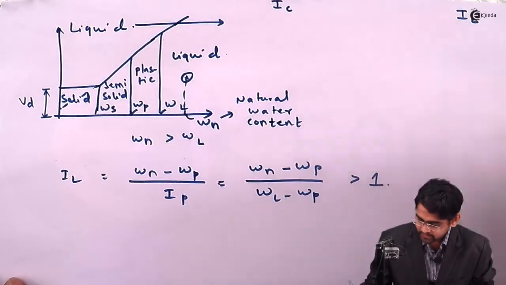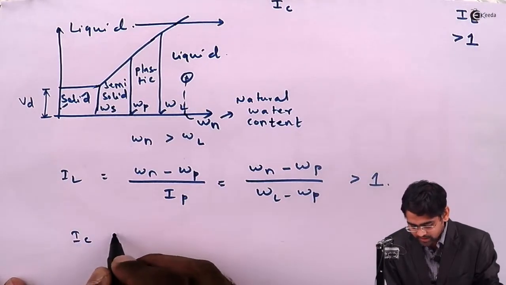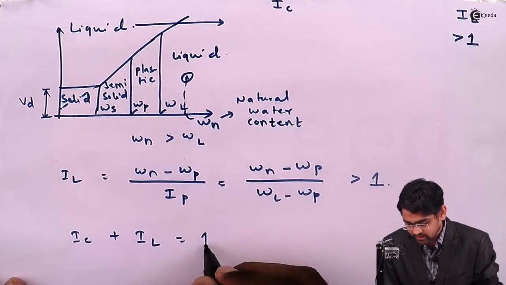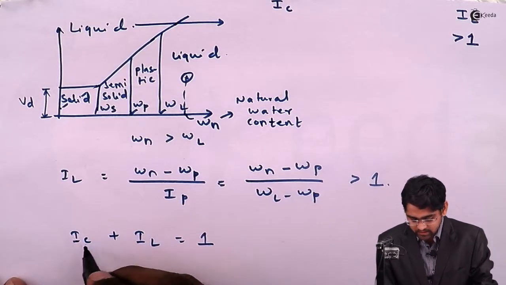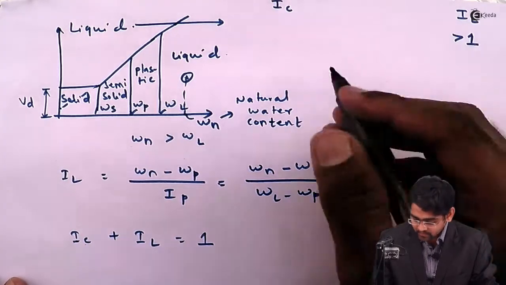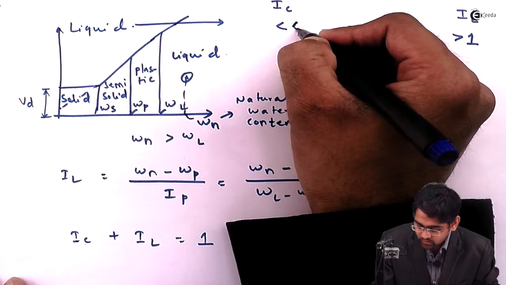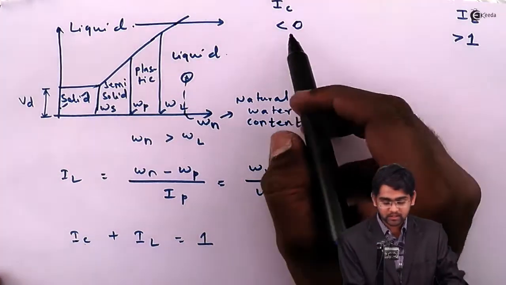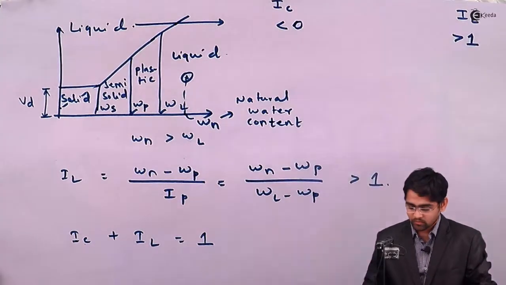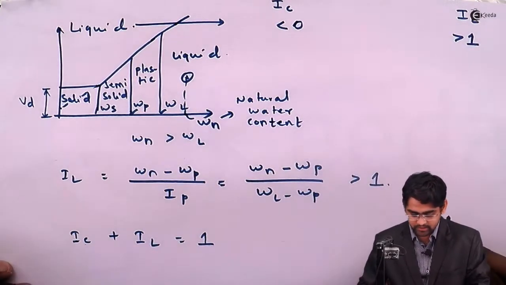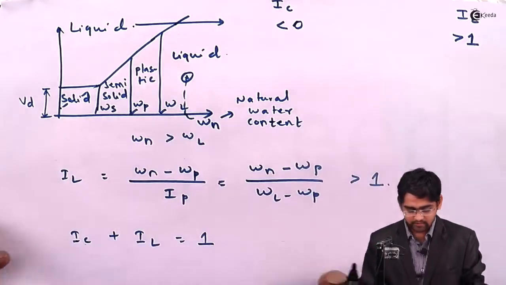In order to make the definition consistent, that means the liquidity index plus the consistency index equals 1, this consistency index has to be less than 0. That means the consistency index will go to the negative side and the liquidity index will go more than 1. So this is the first case, when the natural water content is greater than the liquid limit.